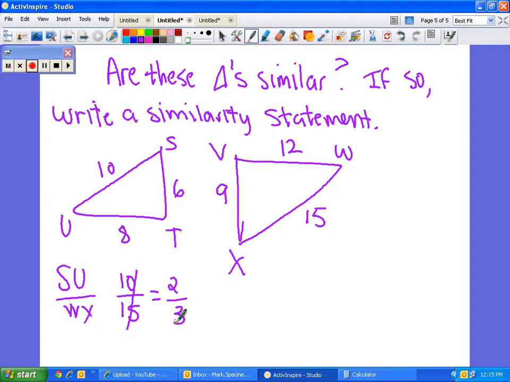And then I did it to the other side, and I got that too. Okay, good. Now, here you kind of want to work backwards a little bit. Anybody who didn't get it? Okay, what's the similarity statement? How would you write the similarity statement, Jonathan?